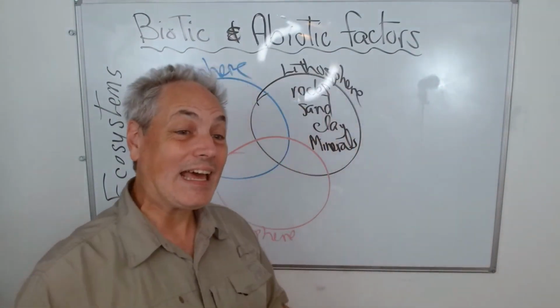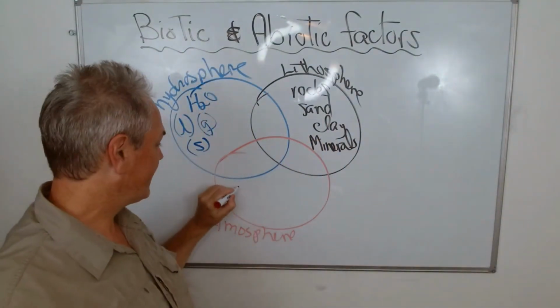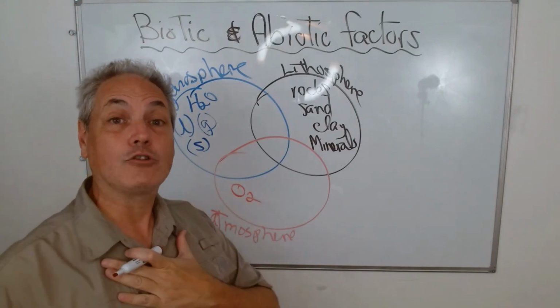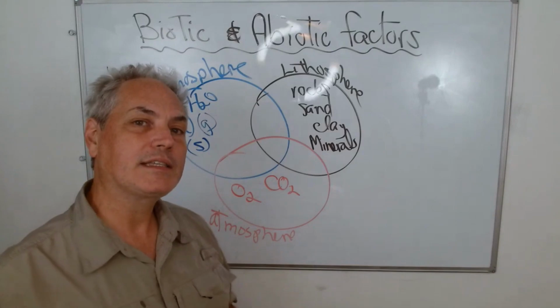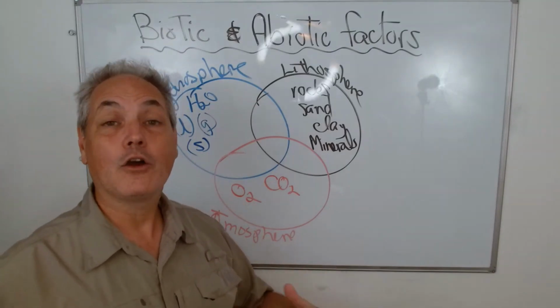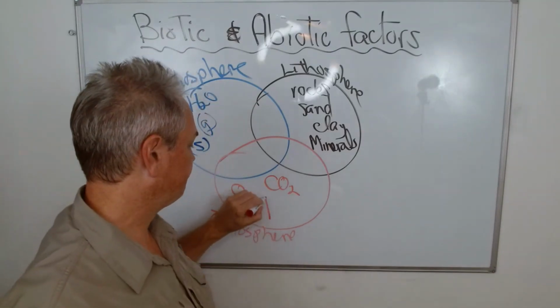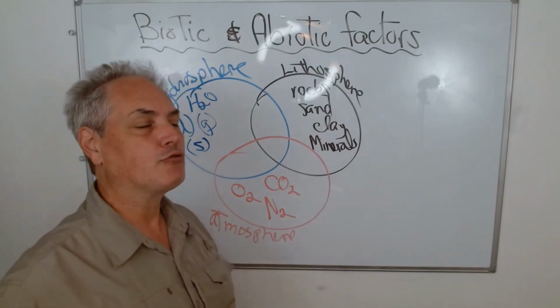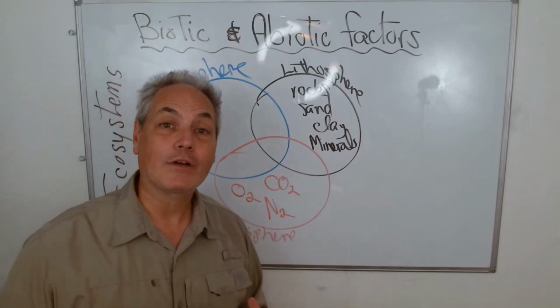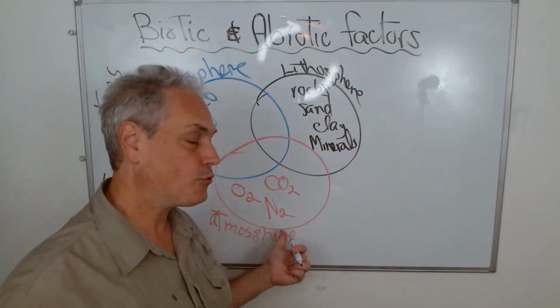But we have in the atmosphere gases like oxygen that humans and animals need, carbon dioxide that plants need for their photosynthesis. We also have nitrogen, which is the bulk of our atmosphere. It's 78 to 80%.